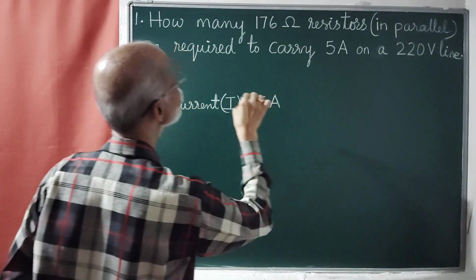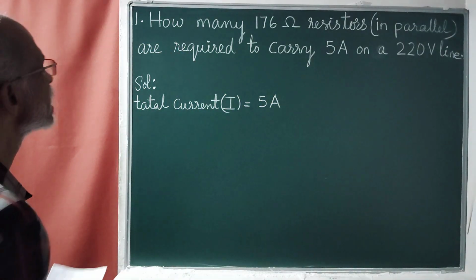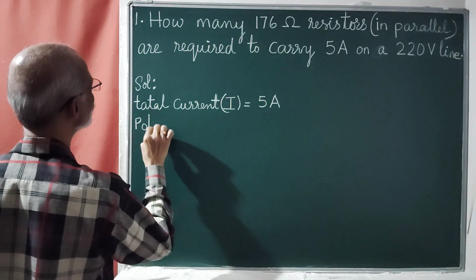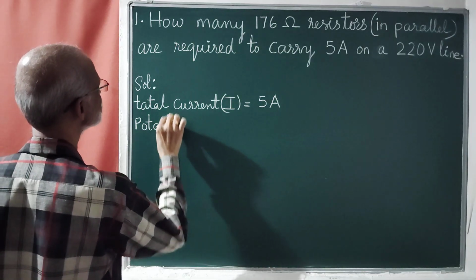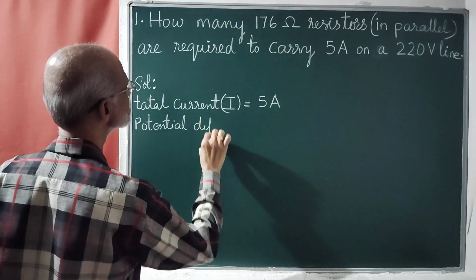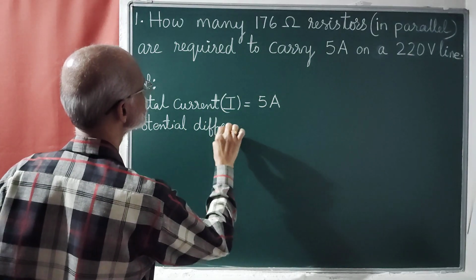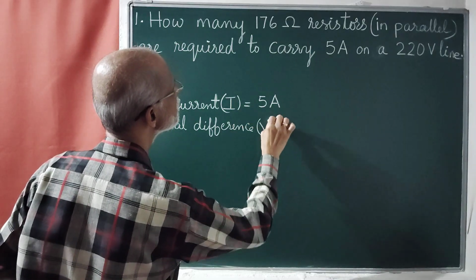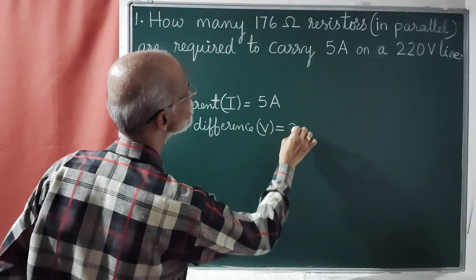So much current has to flow through it. And the potential difference V is 220 volts.